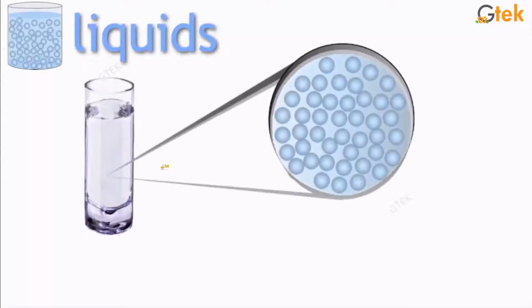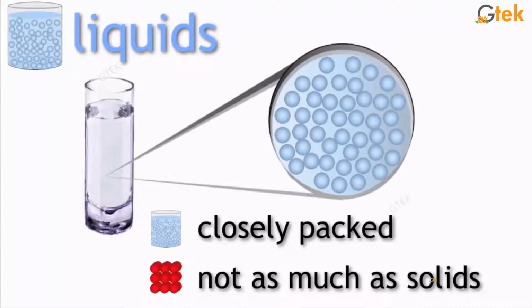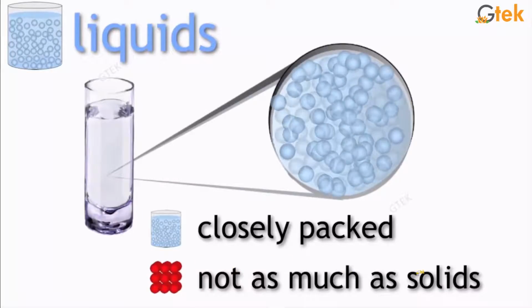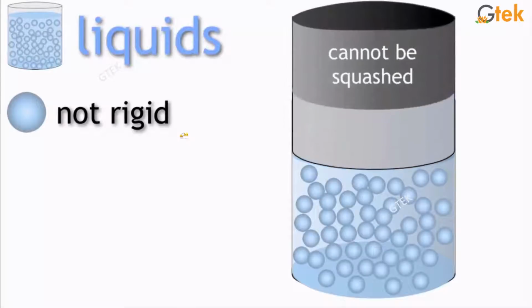Now let's move on to liquids. You are able to see the molecules in liquids. They are closely packed, but not as much as solids. And you are able to see it can flow. It's not rigid. Cannot be squashed.